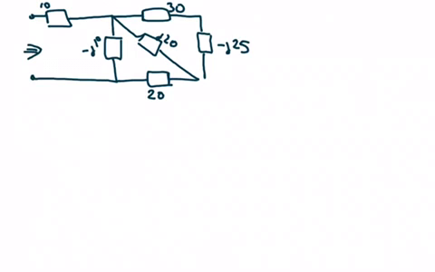Okay, so now I know that I have 30 in series with this, and those combined are in parallel with J20.